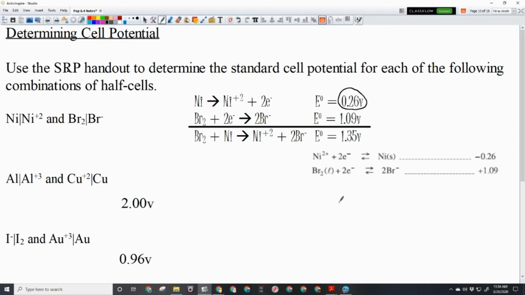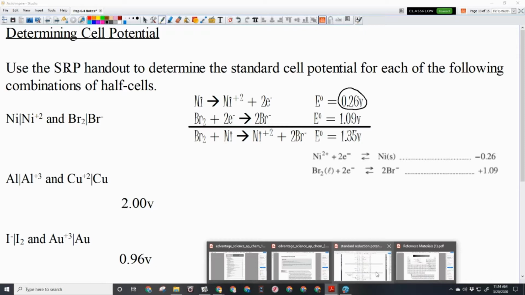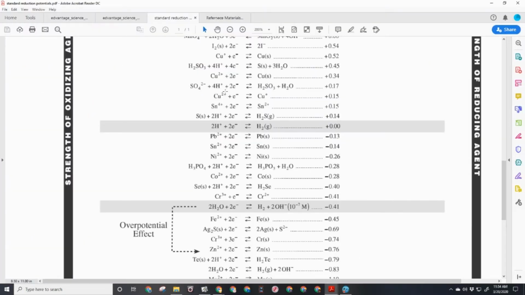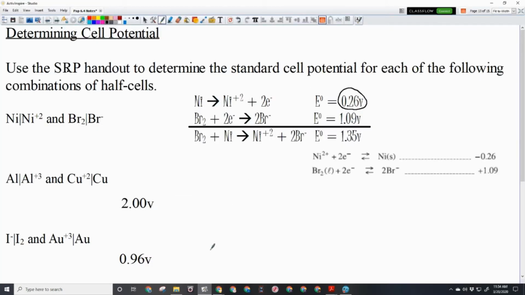We want to have bromine 2 going to bromine -1. And you have to look very closely because some of these, for example copper, have several entries, so you want to make sure that you're getting the correct one. See here, this is copper 2 going to copper 1. We want to go from bromine 2 to bromine -1.